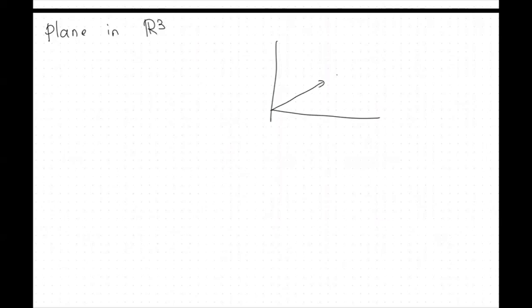So now we go to plane in space, and later on we will mix them together. I will use a new board. So plane in R3. I will just draw this. Suppose this is your coordinate axis, X, your Y, and your Z. Oh, wait, Z should be here. And then you have a plane. This is your plane.